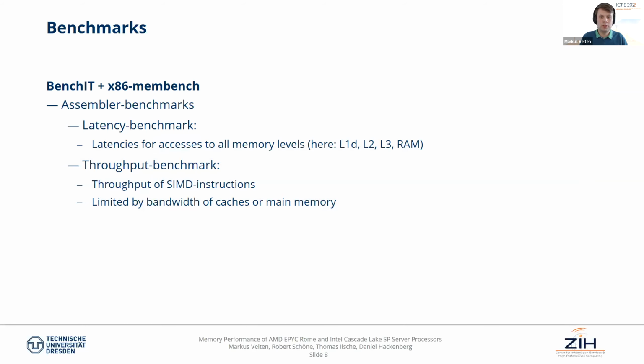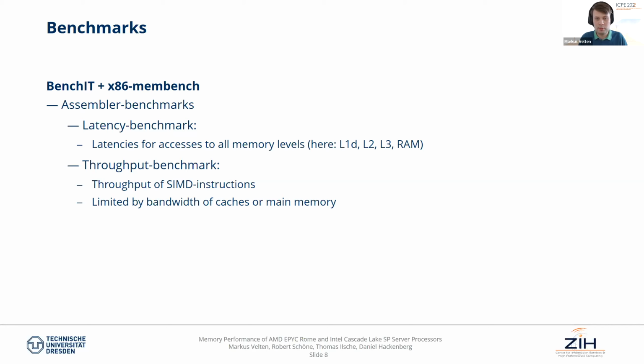The benchmarks we used were developed in-house by us. We used the BenchIT benchmarking framework and the x86 membench benchmark kernel suite. The routines that we measure are written in assembler, and we use 2 different benchmarks. One is intended to measure latencies to all memory levels, in our case the L1 data cache, L2, L3, and RAM, both on the local core and remote cores.